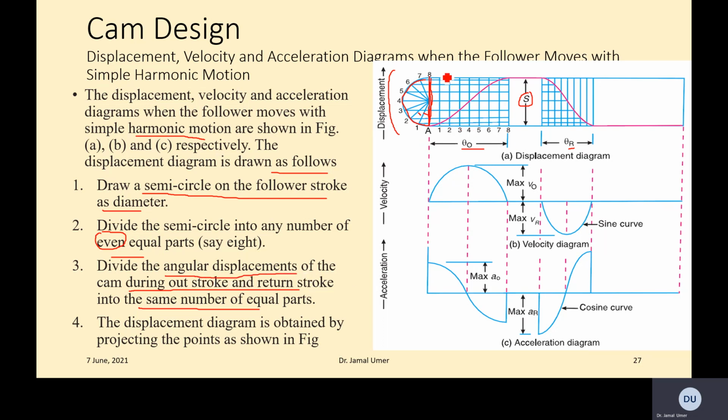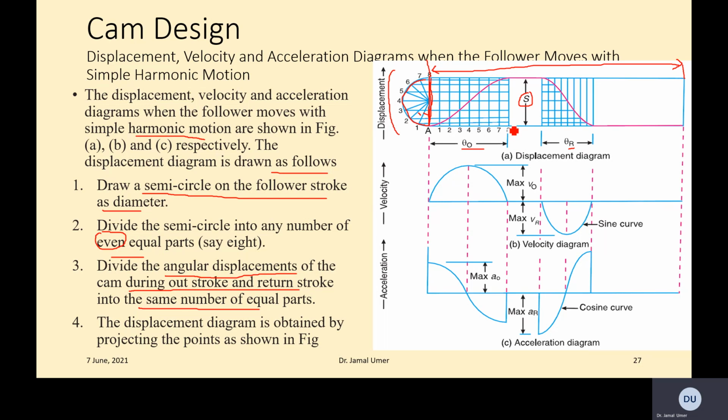So the angular displacement total, let's say this is the total 360 for the cam. I'm just making up a number. So this is the outstroke.